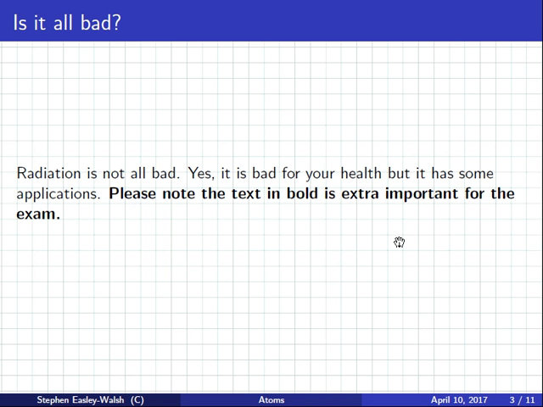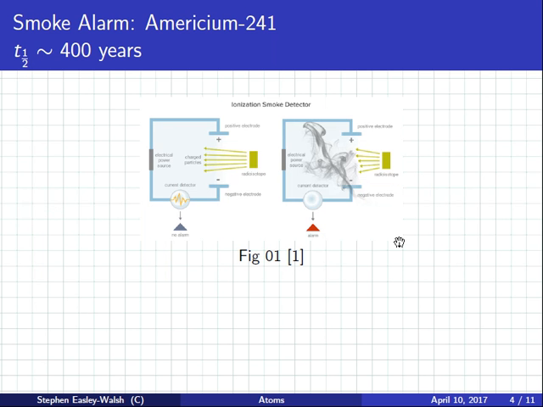Please note, the text in bold is extra important for the exam. We're going to look at applications of radiation. The first one, which is important for the exam, is something you should all have in your home, called a smoke alarm. And there's one right there in the room.